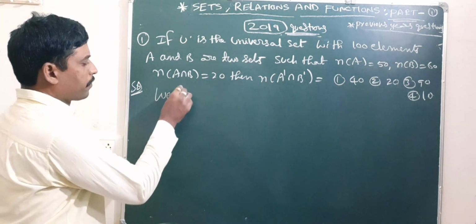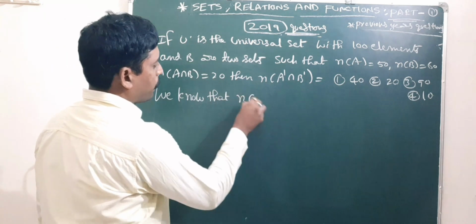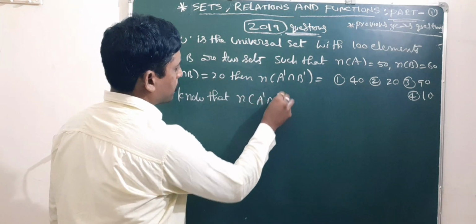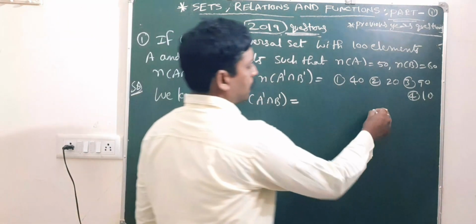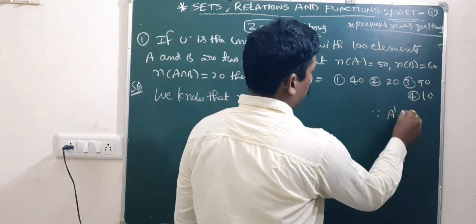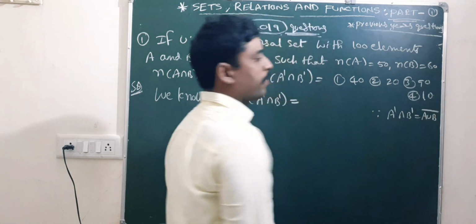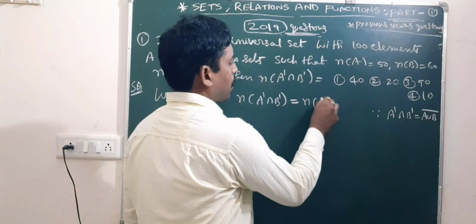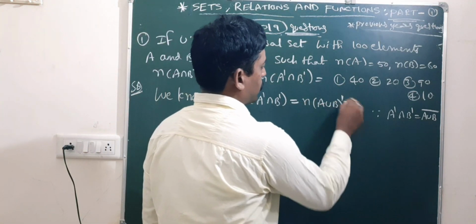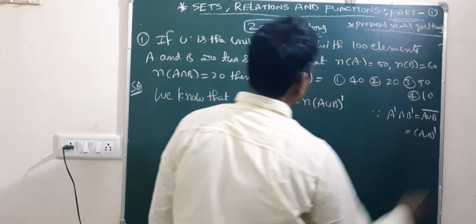We know that n of A dash intersection B dash is equal to, by De Morgan's property, A union B whole bar. Whole dash or whole bar, both have the same meaning.